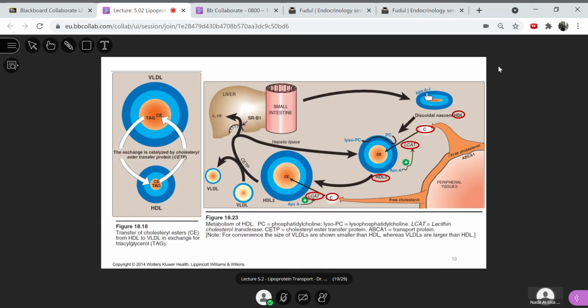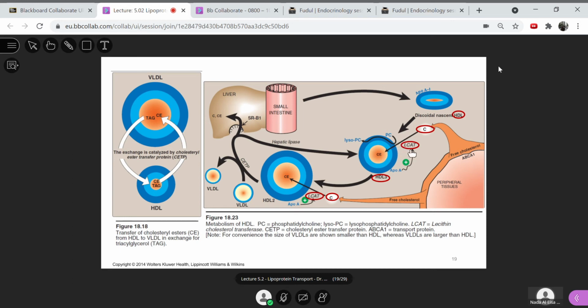So that's the pathway. We have our discoidal nascent HDL with ApoA1. No yellow here because it does not have any triacylglycerides. Synthesized in the intestine and in the liver, released as it goes in the circulation, receives cholesterol from the periphery, which is esterified by LCAT into cholesterol esters, sequestered in the core here.